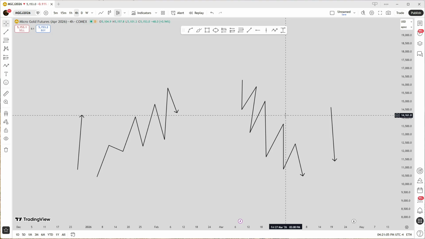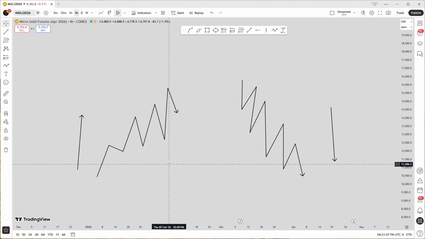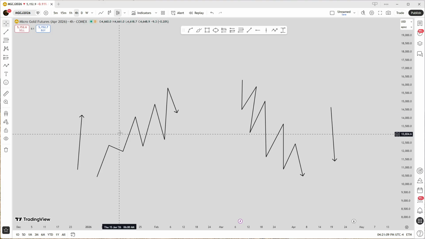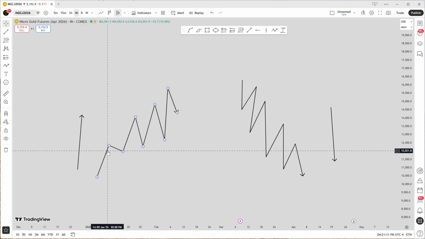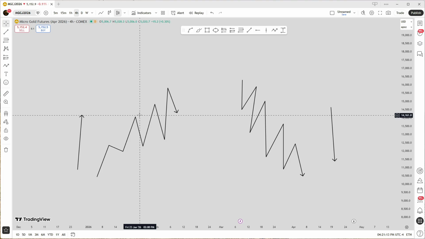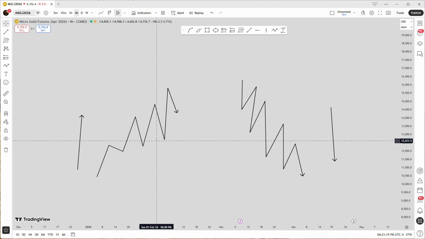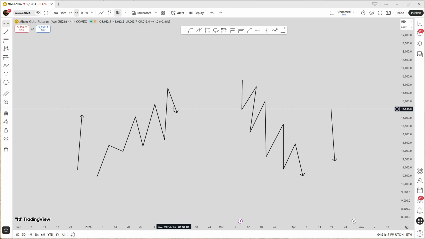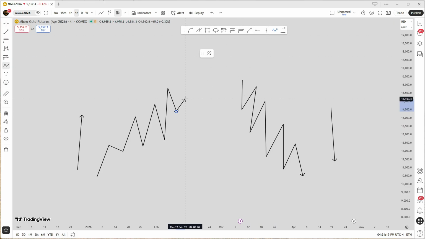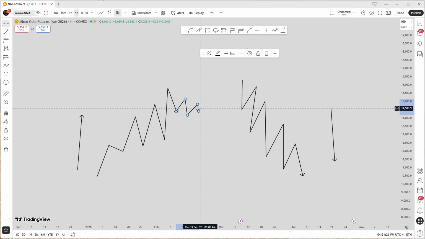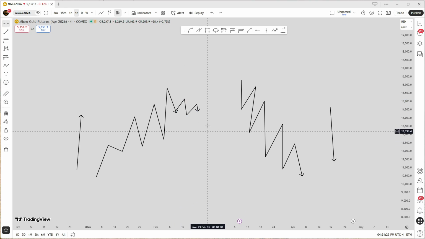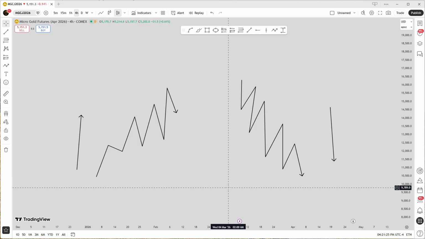That's trading basics. This is the characteristic of an uptrend: a high, a low, a higher high, a higher low, a higher high, a higher low, a higher high, until the market starts to do something completely different. So that's the basics.